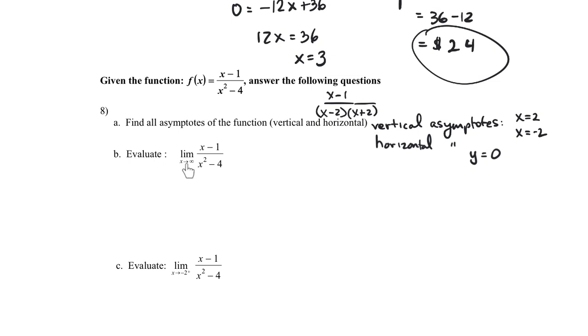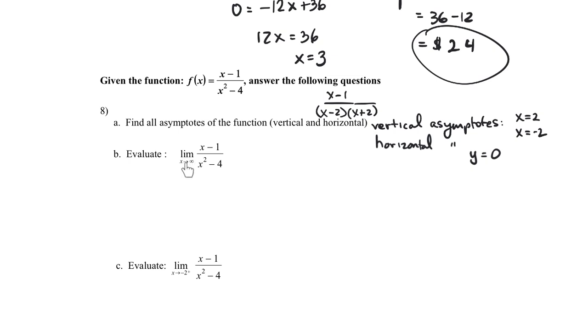Now for part B, the limit as x approaches infinity. This is a limit at infinity. As x approaches infinity is a description of end behavior of a graph. For rational functions, that is what the horizontal asymptote does, it describes the end behavior as x either approaches infinity or negative infinity.